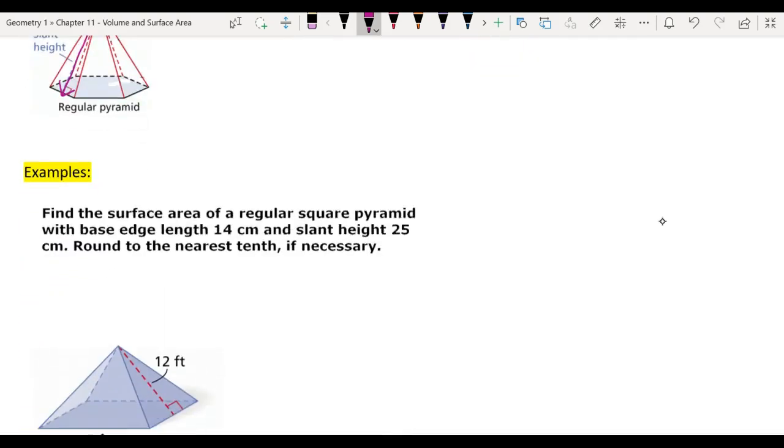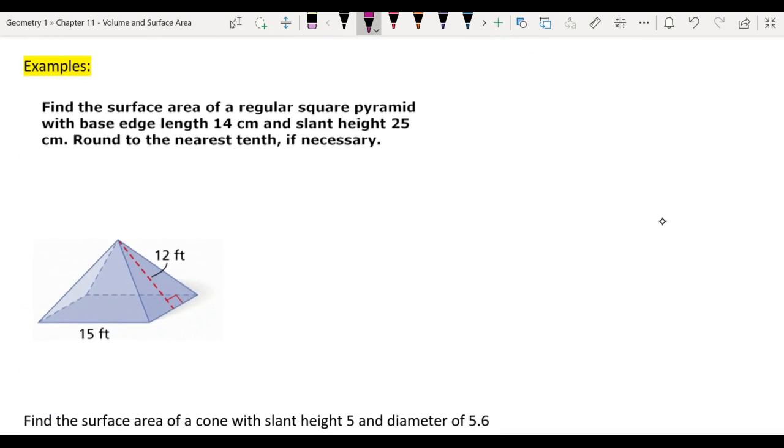So let's do some examples. It says find the surface area of a regular square pyramid with base edge length 14 and slant height of 25. Round to the nearest tenth if necessary. Your IXL ones today give you a picture every time. This is an example of if they don't give you a picture, so this is harder than what you would see on your IXL.